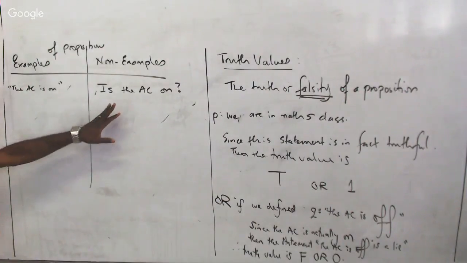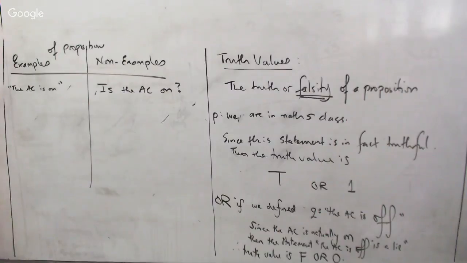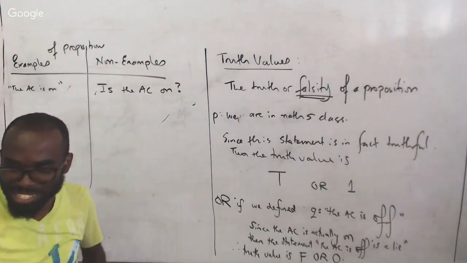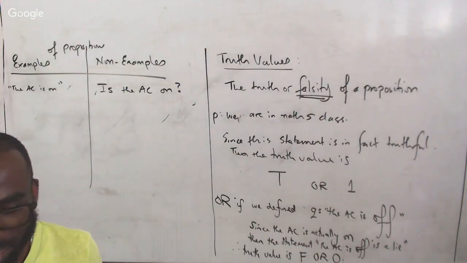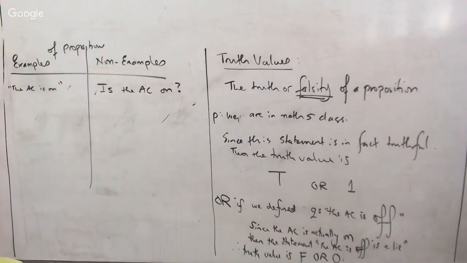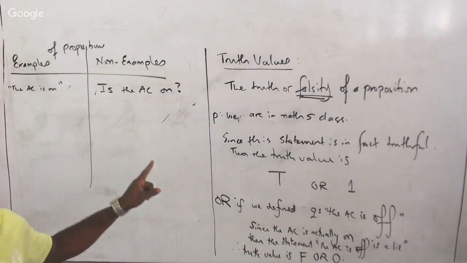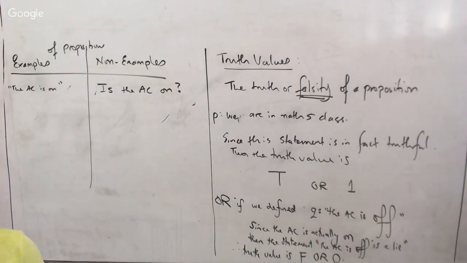So a question can never be a proposition or a statement. When I said, is the AC on, technically I'm asking somebody to declare to me whether or not the AC was on. Then somebody would respond with a proposition and say, yes, the AC is on, or no, the AC is not on.